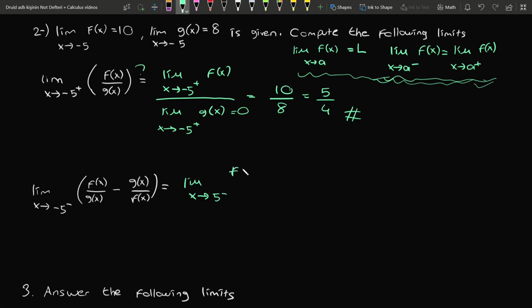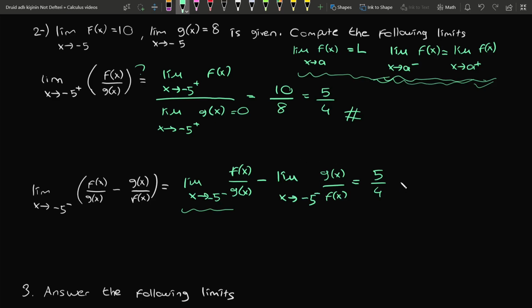Let's see it first: f(x) over g(x) minus the limit as x approaches negative 5 from the left side of g(x) over f(x). So I already showed this part here, which is 5 over 4.